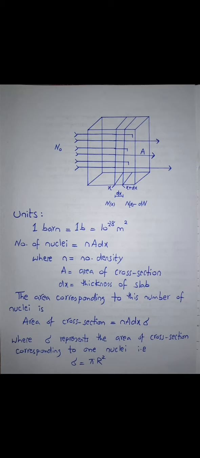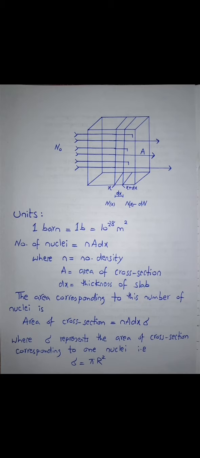The number of target nuclei in dx is equal to the number density multiplied by the volume of this slice, which is the area of cross section A multiplied by the thickness dx, such that the number of nuclei is equal to n A dx, where n is the number density, A is the area, and dx is the thickness.